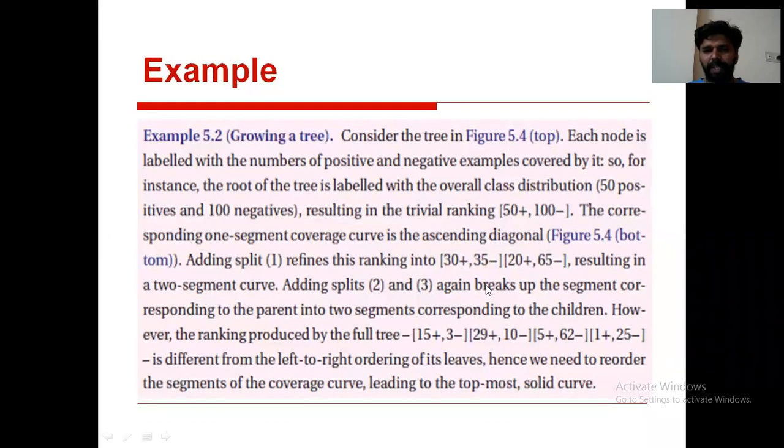For the first split, how many children are formed? Two children are formed. One child has 30 positives and 35 negatives, and the second child has 20 positives and 65 negatives. Two segments are formed, right? The first segment has 30 positives and 35 negatives, and the second segment has 20 positives and 65 negatives.